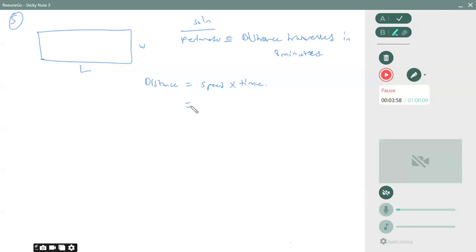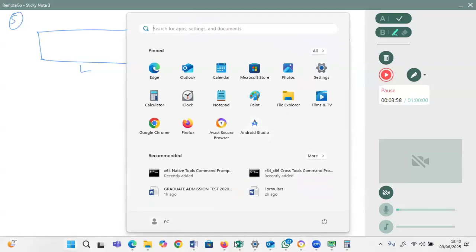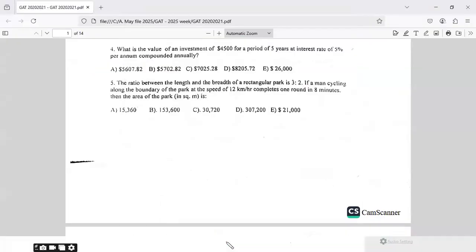Now, we ask ourselves a question. Do we know the speed? When we look at our question, the speed is 12 kilometers per hour. Good. And the other one, the area, is in square meters.